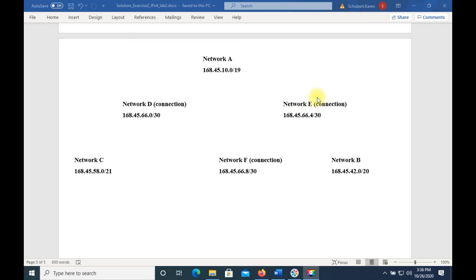So network E's network address is 168.45.66.4, subnet mask of /30, so we only increment the fourth byte. And we do that again for network F, since /30 tells us increment by 4 in the fourth byte, so therefore network F 168.45.66.8 /30, and this concludes our task at hand.